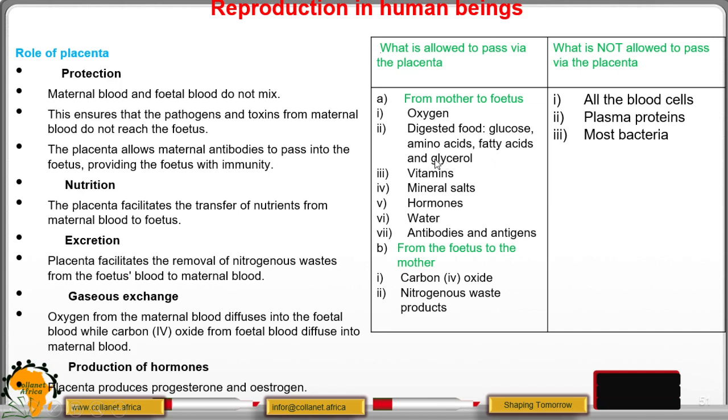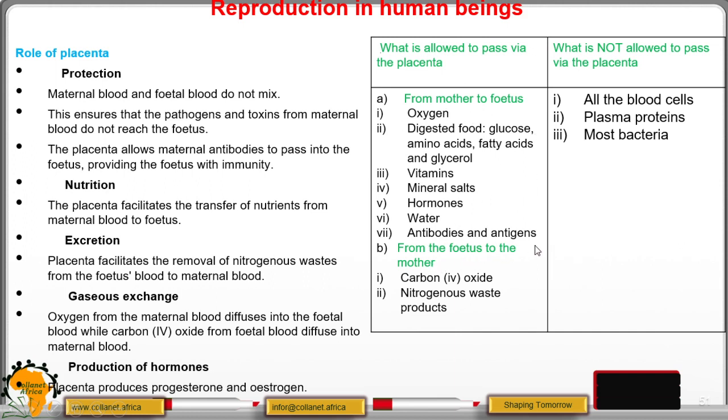All these are ready for absorption. We have vitamins, mineral salts, hormones, water, antibodies, and antigens. This one plays a role in immunity. So all these are allowed to pass through the placenta from the mother to the fetus.